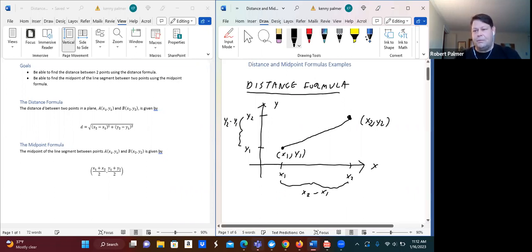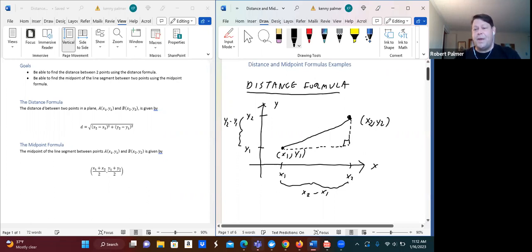Now, what we want to do is think about a triangle, specifically a right triangle, where this length here is x2 minus x1, and this length on this side, the vertical length, is y2 minus y1. This is a right triangle.